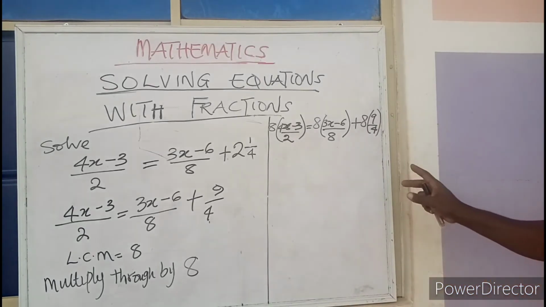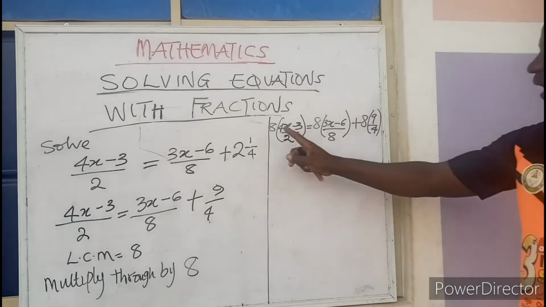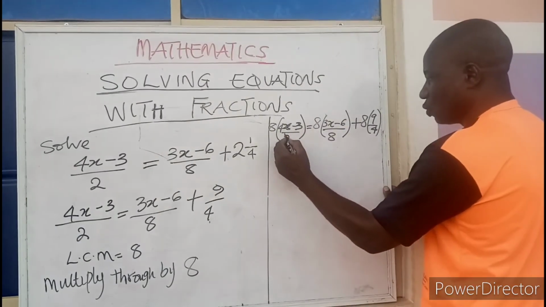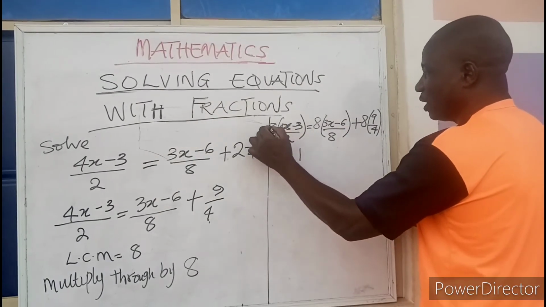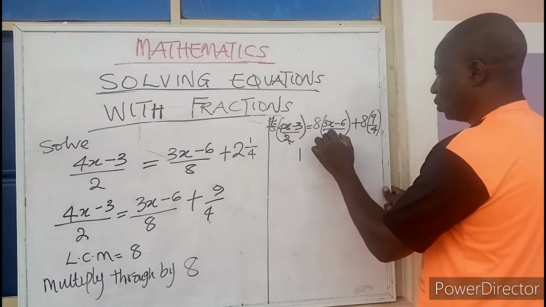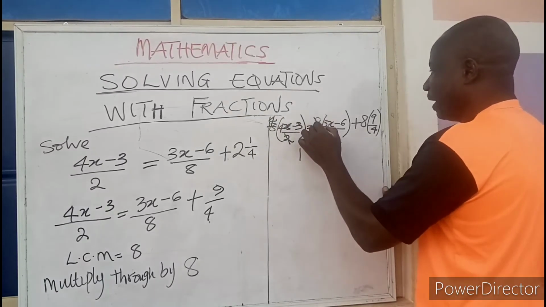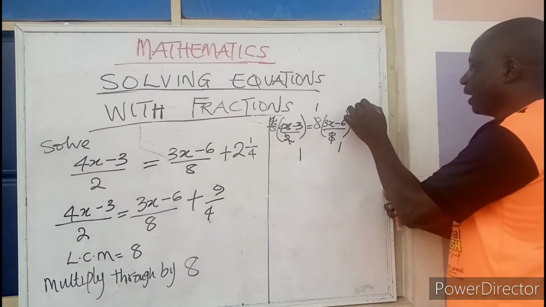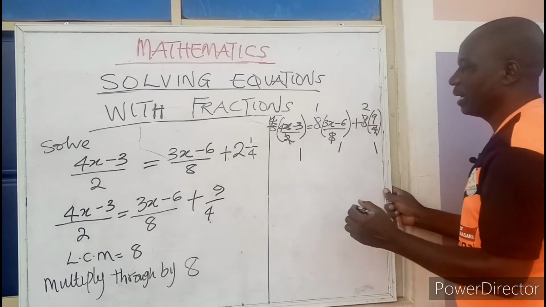Are you there? You can now see. I'll simplify it. 8 is multiplying through. So let's take our cutlass. 2 here, 1. 2 here, 4. 8 here, 1. 8 here, 1. 4 here, 1. 4 here, 2. Now here, let's open.